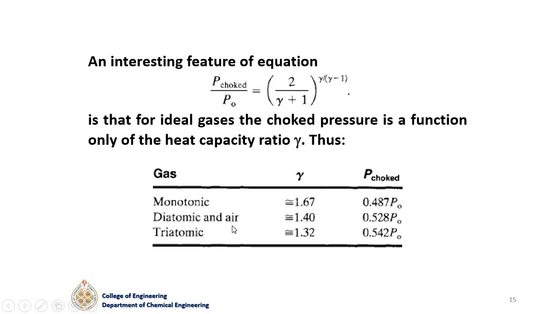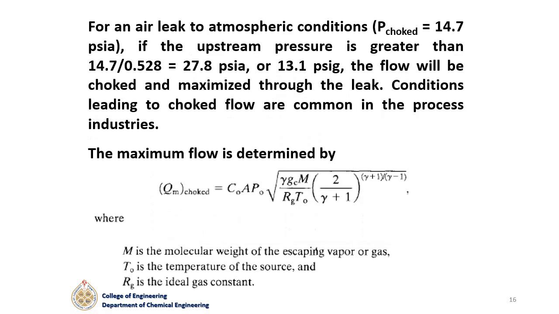For diatomic gases like air, gamma is 1.4, and for triatomic gases gamma is 1.32, which gives 0.542 P naught. Okay, so it gives me a generic term for the P max.